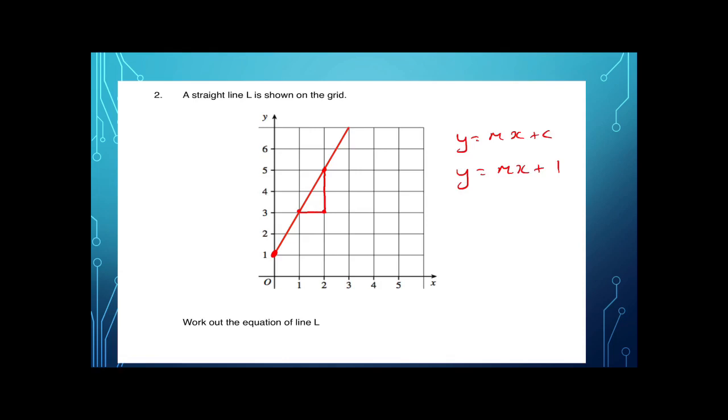We've got whole numbers basically, so the rise is 5 and the run is 1, so the gradient is the rise over the run, 2 over 1, which is 2. So y = 2x + 1.